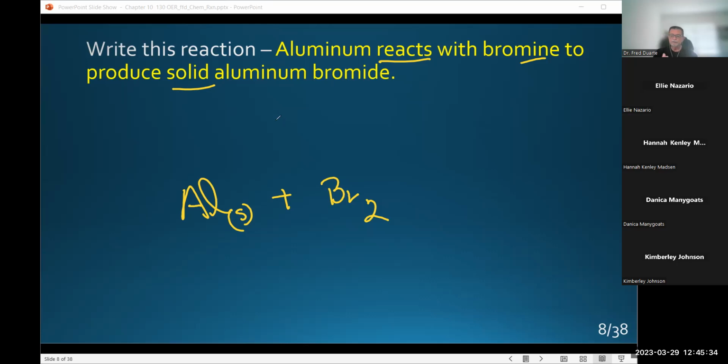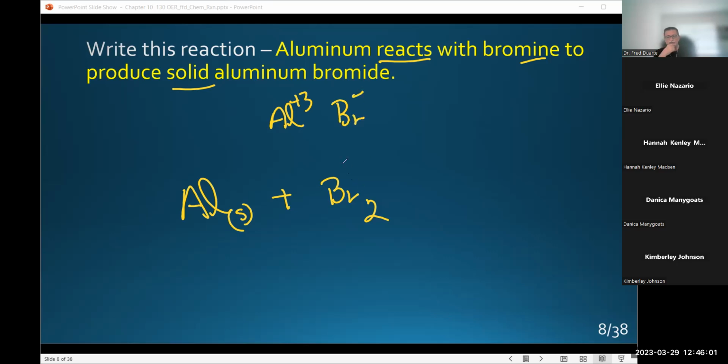So what we have to do is first write them in ionic form to make sure we put them together correctly with the right number of cations and anions. Well, we know that aluminum is in group 3A, so when it becomes an ion, it has an oxidation number of +3. And like chloride, bromide has a -1.